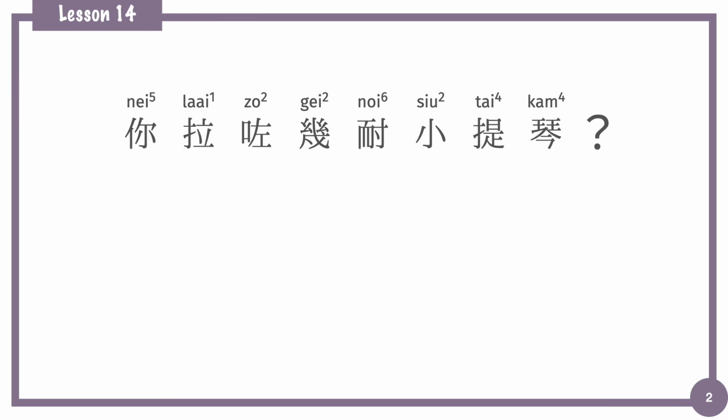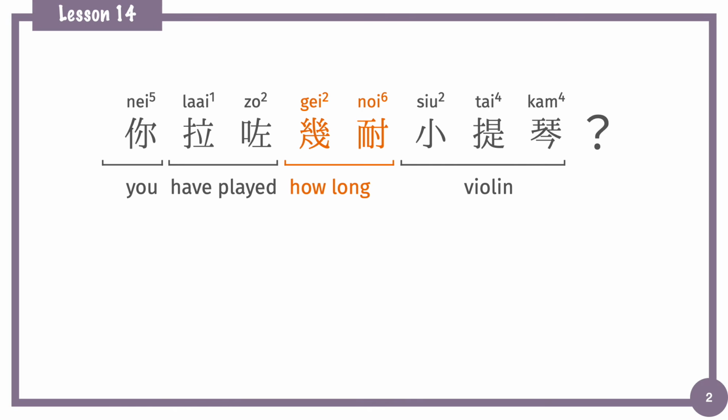Okay, let's see one more example. 你拉咗幾耐小提琴? Just like what we have mentioned, we can switch the position of the duration and the object. So here in this sentence, we placed the time verb before 小提琴, before the object. So it's also the same meaning.